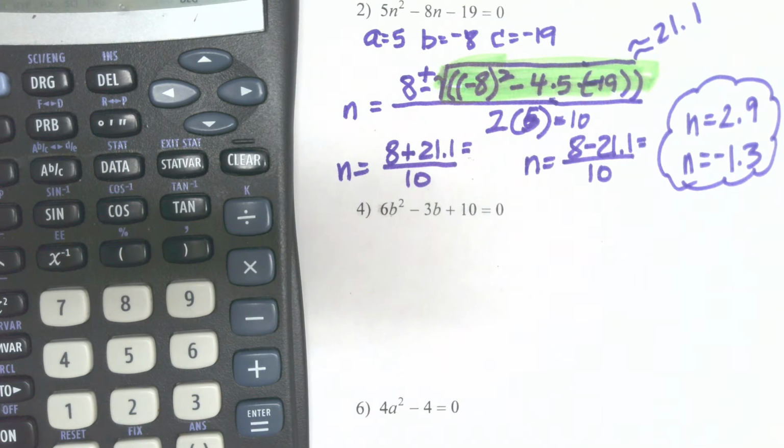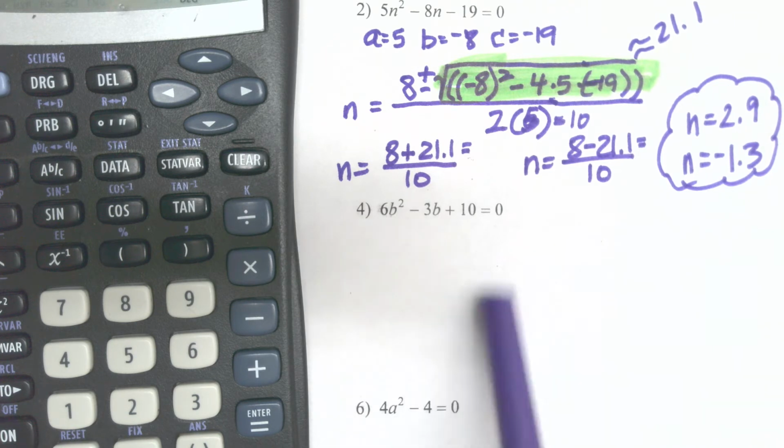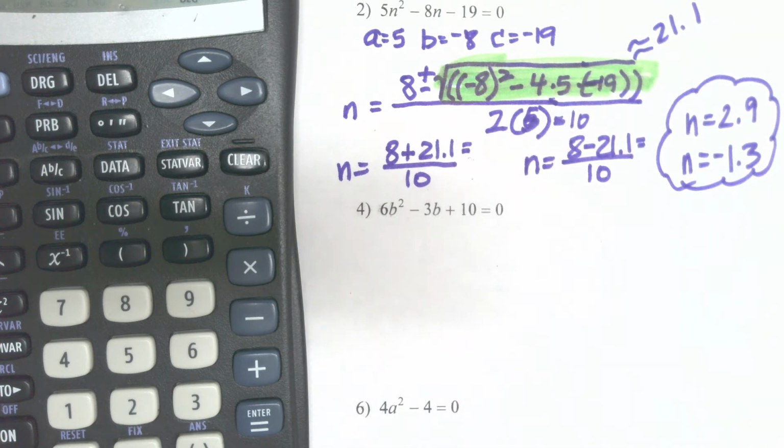It comes out as an error in my calculator. And that can happen. It just means that it's not factorable. It means that you can't break it down. It means that it never crosses the x-axis when we graph it. So I'll show you what those look like.